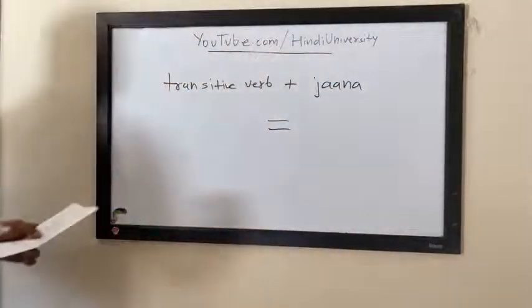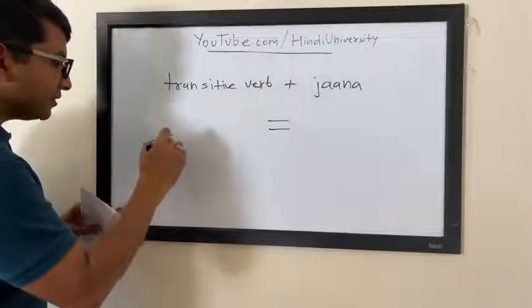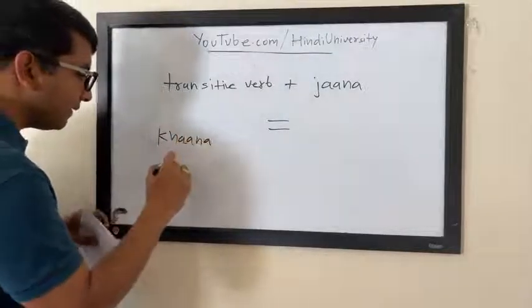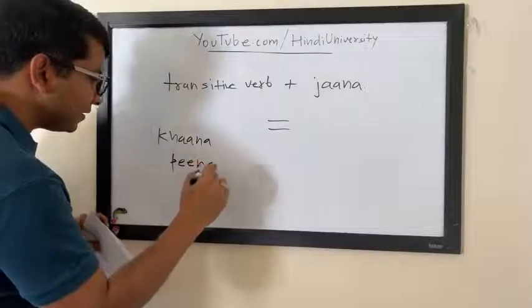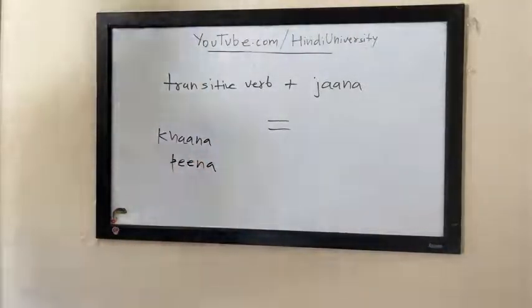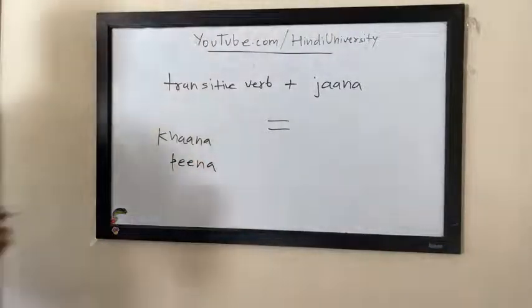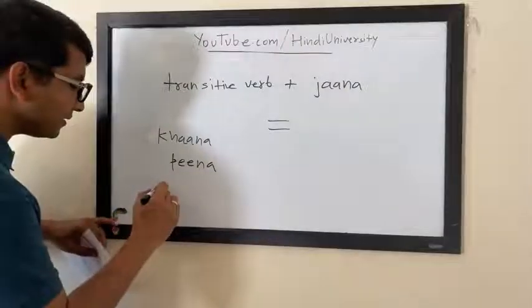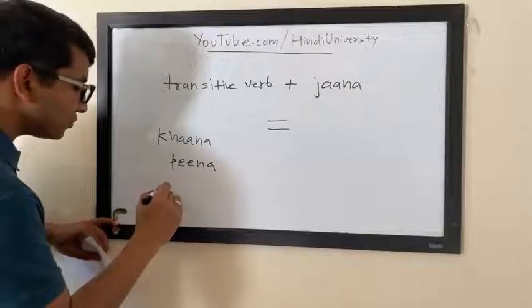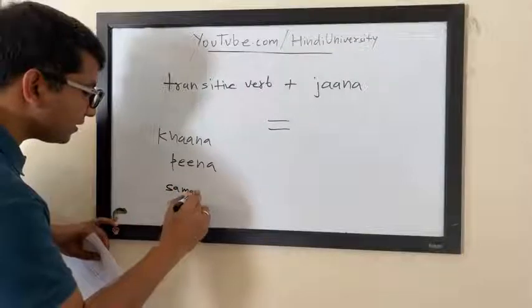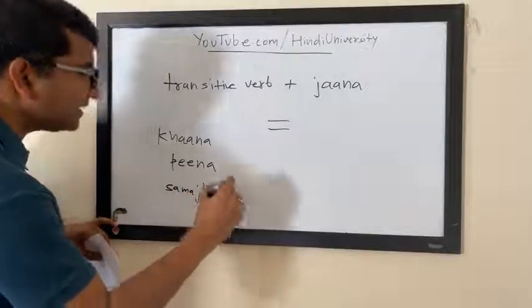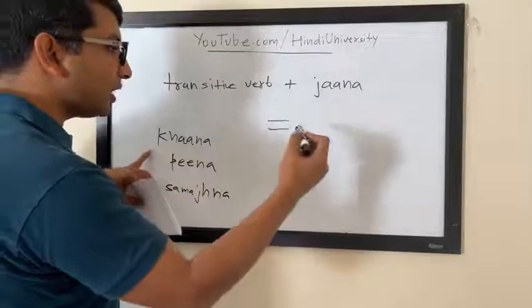Okay. So transitive verbs, where you have a direct object, like khana, pina, those kind of verbs, and to understand, I mean, you understand something, so basically samajhna, is used along with JAANA.